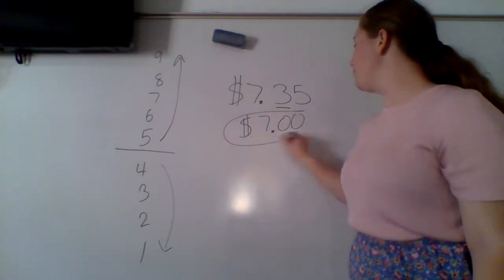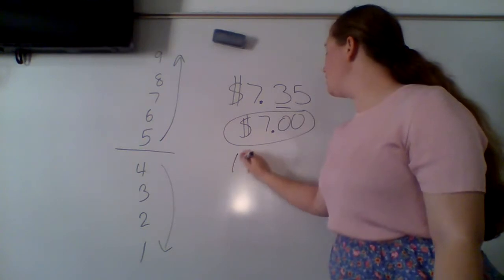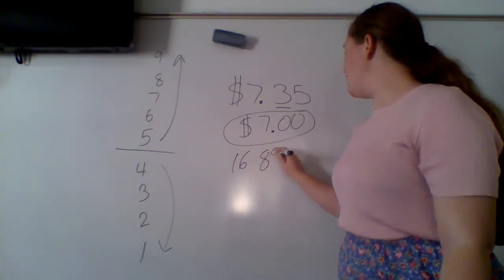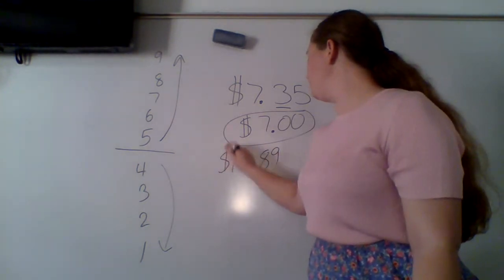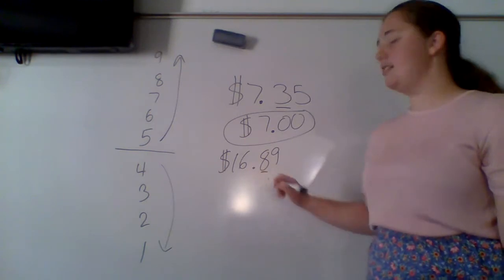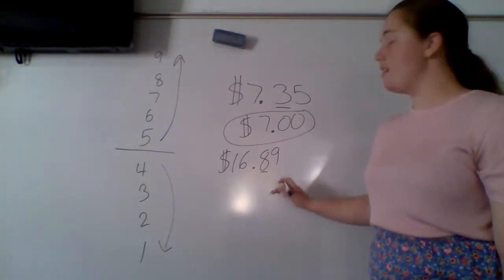That's my answer. If it was, let's say, $16.89, I'm going to look at my tens place in my cents. That's an 8.